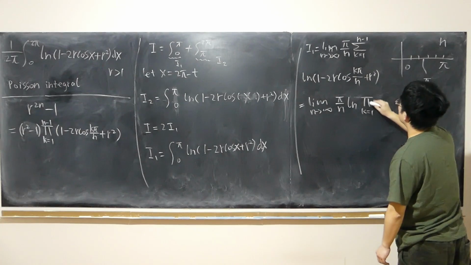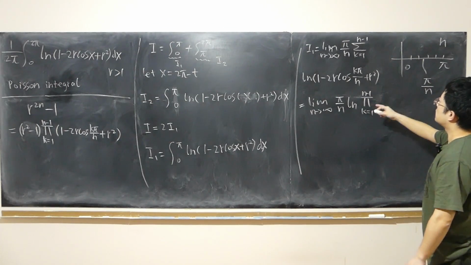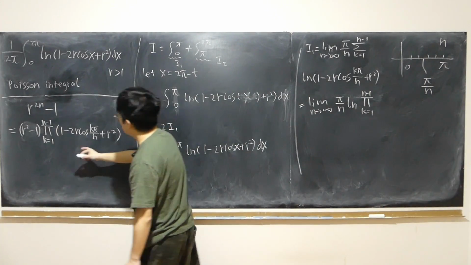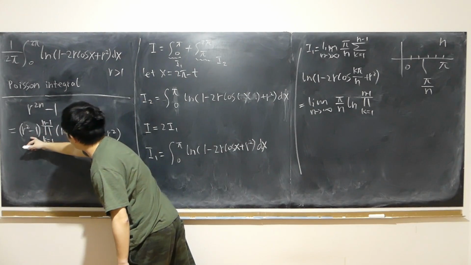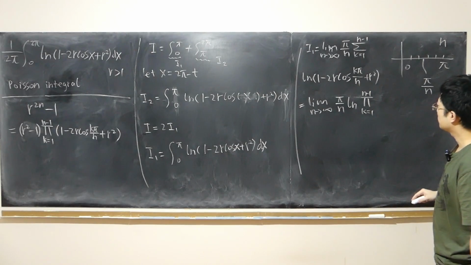k goes from 1 to n minus 1. But this product is equal to the left-hand side divided by r squared minus 1, as I just factorized it.